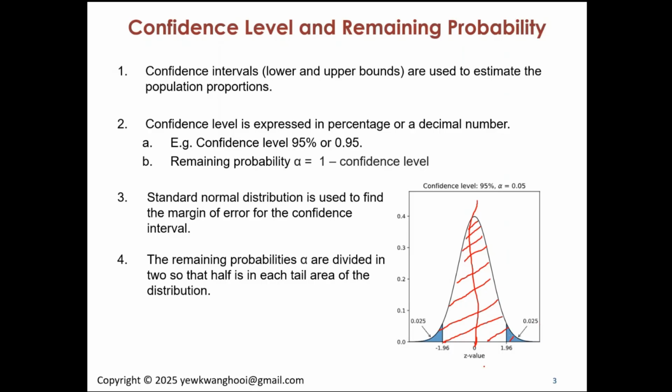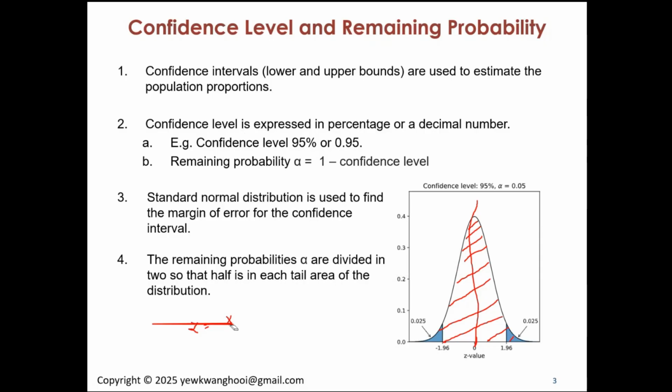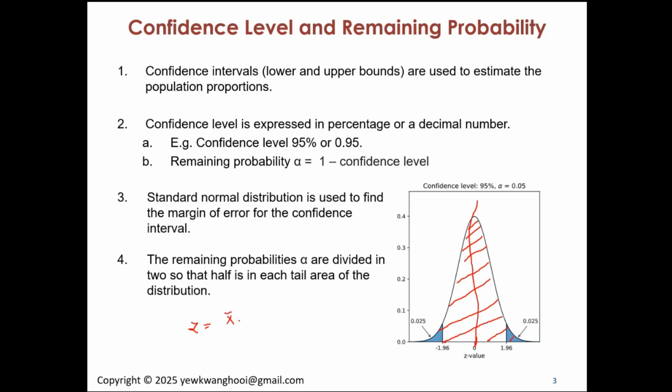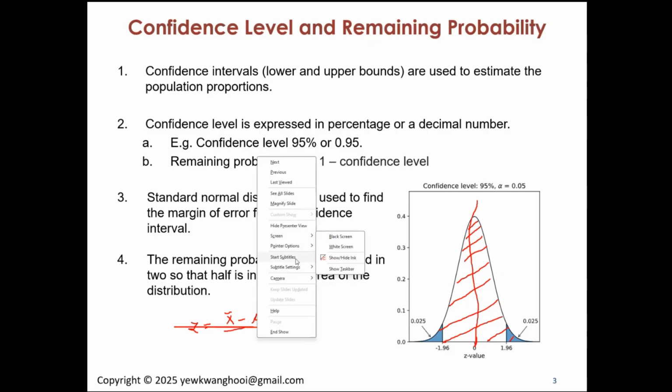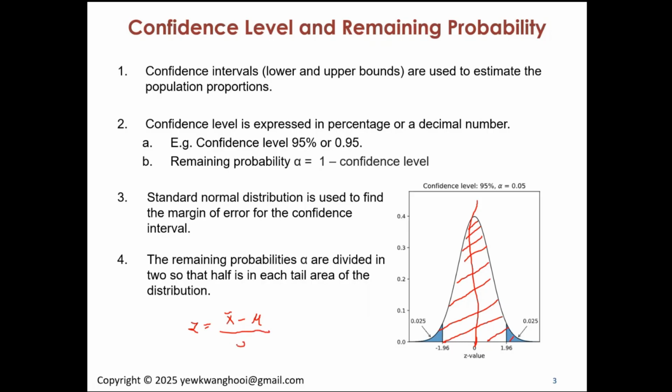Now, what is the z value at the bottom here? If you remember from the previous lecture, if you want to figure out the z value, you take the sample mean minus the population mean, divided by the standard deviation.